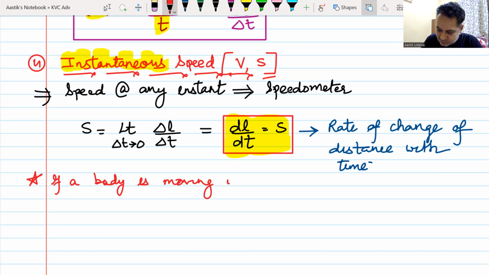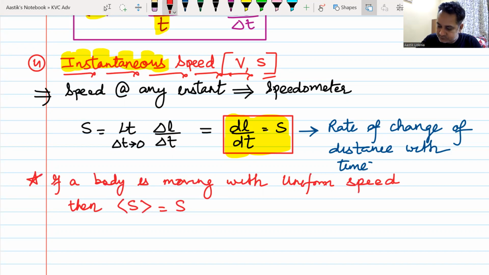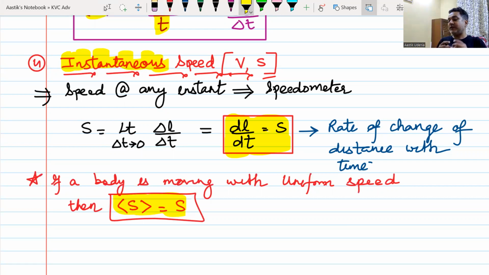If a body is moving with uniform speed, then I will write in terms of symbols, instantaneous S is equal to average S. Average speed and instantaneous speed become equal.